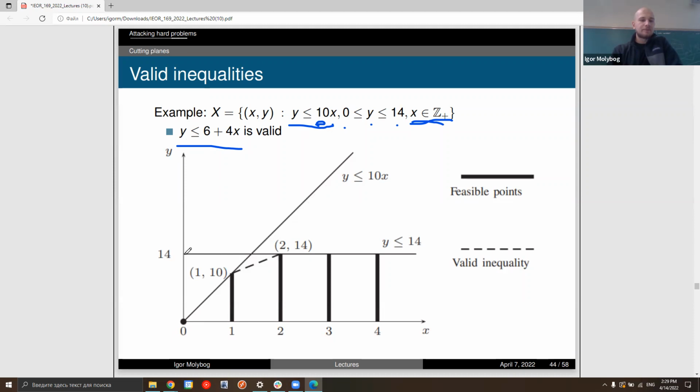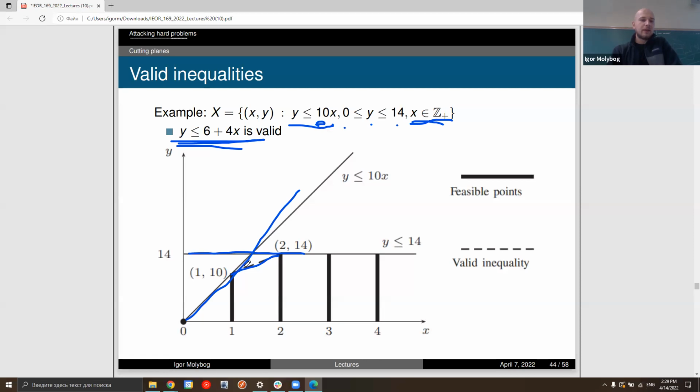Basically, this is the original inequalities. This is y less than or equal to 10x, and this is the inequality y less than or equal to 14. And this inequality that is dashed is in fact this one.